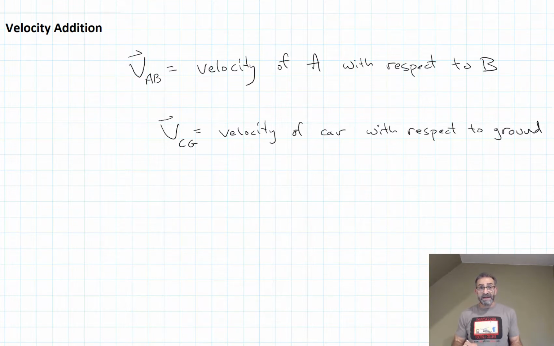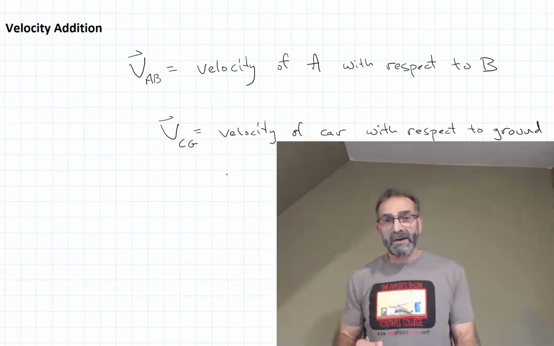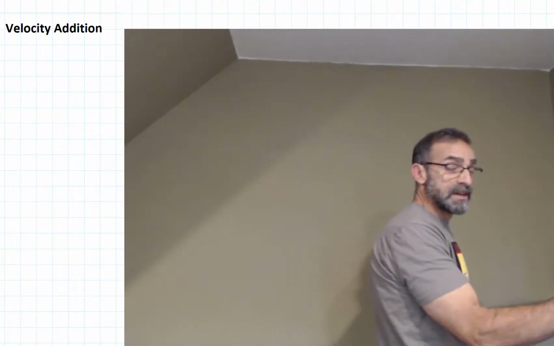One more thing I want to mention about this. What happens if we switch places? Maybe this little example will help. If I'm walking this way across the classroom at 1 meter per second, you see the velocity of Frank with respect to you is 1 meter per second to the right. But I don't think I'm moving.